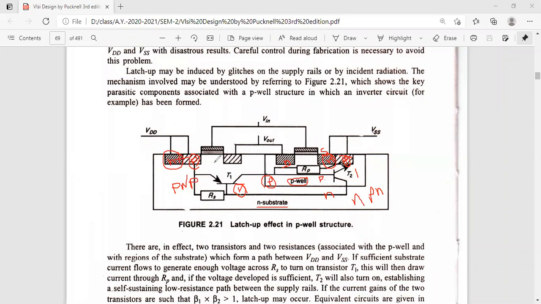So actually we have an intention to form a CMOS circuit with P-well structure, but unknowingly we also have formed a PNP transistor and also an NPN transistor.